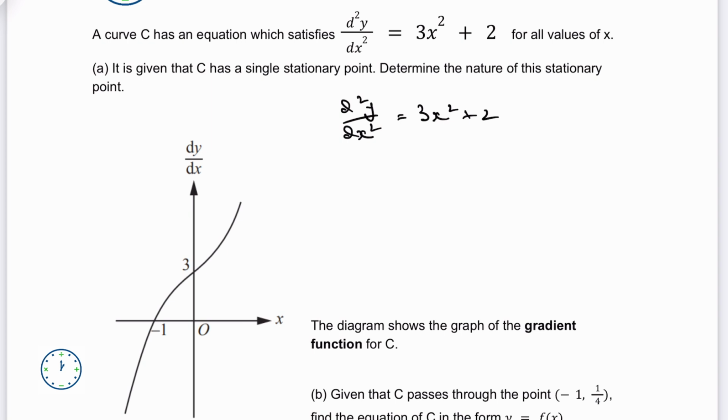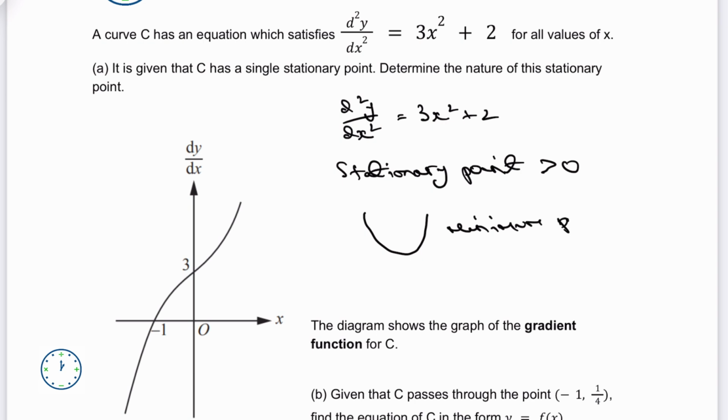Well, it's always going to be a positive number, because no matter what the value of x is, x squared is always going to be positive. So therefore the stationary point must be greater than 0, and therefore it must be a minimum point.